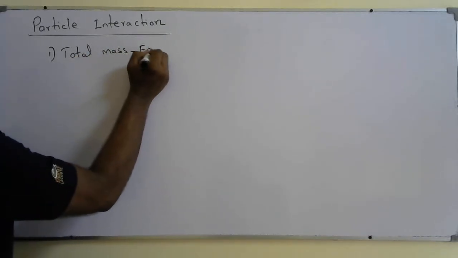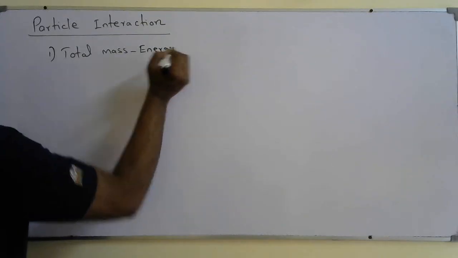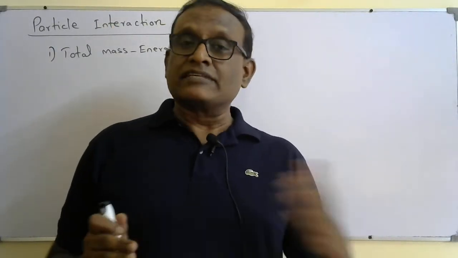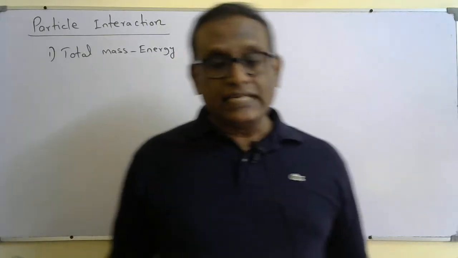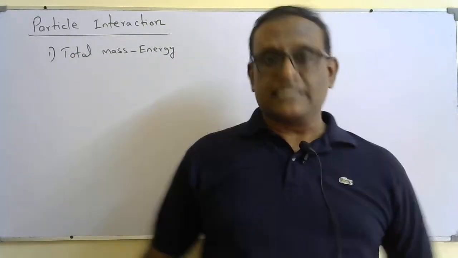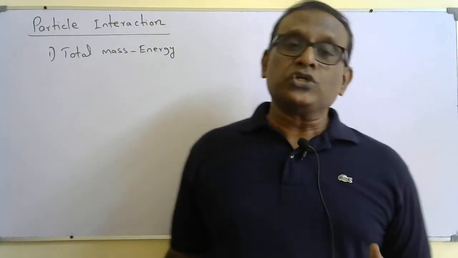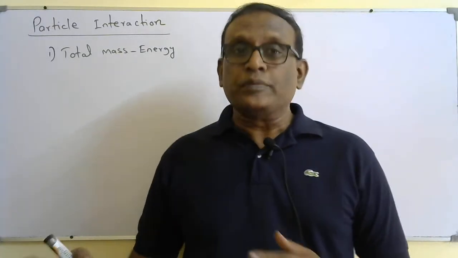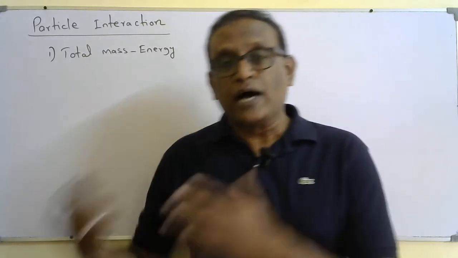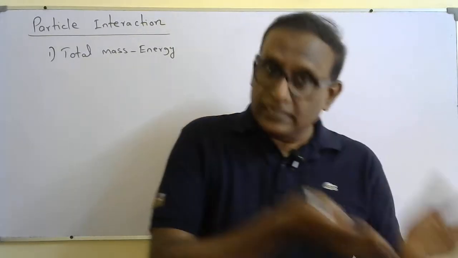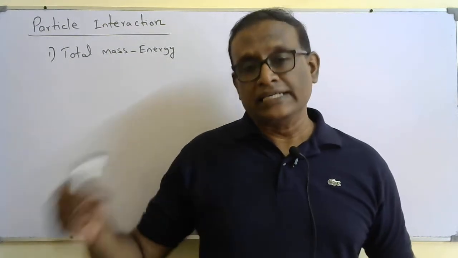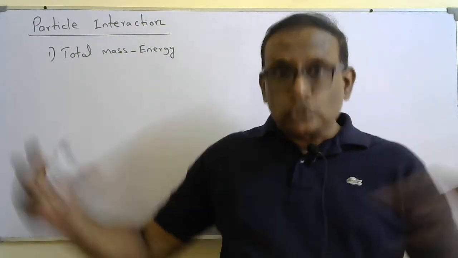In classical physics, we talk about conservation of mass or conservation of energy. But in particle interactions, neither is conserved separately; they are conserved together. Energy could be used to create new matter, new particles. Same way mass could be used to create new energy. So mass alone will not be conserved, energy alone will not be conserved, they are conserved together.